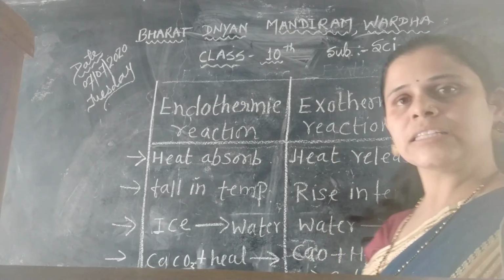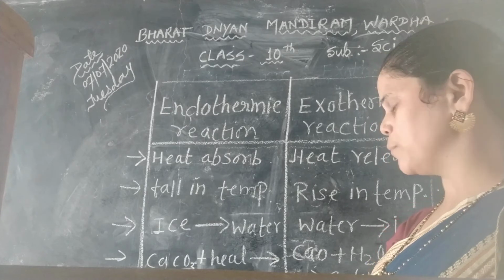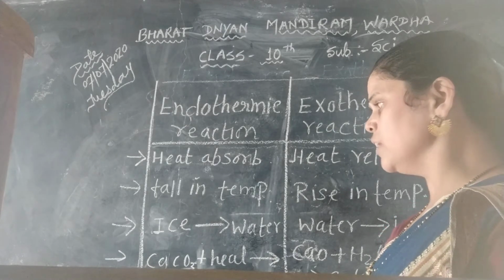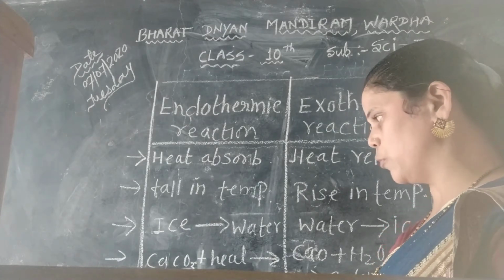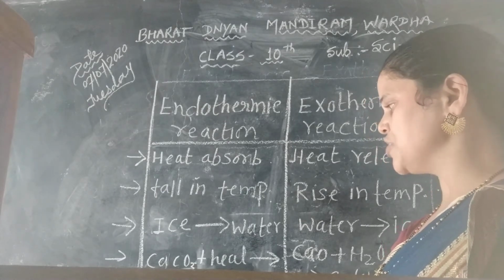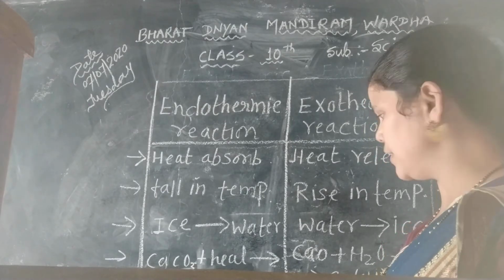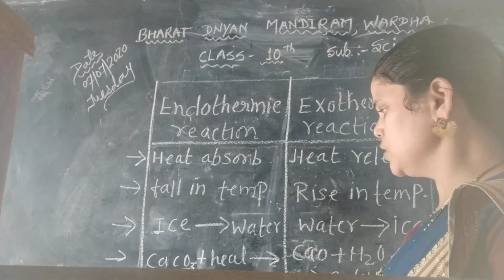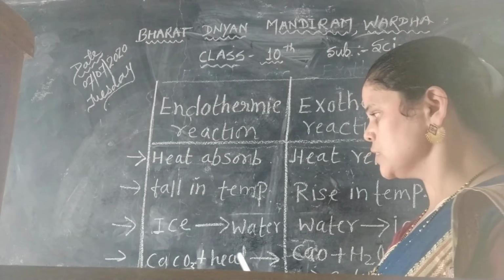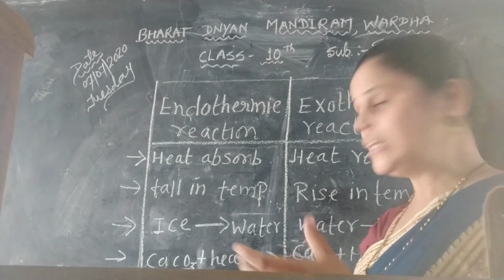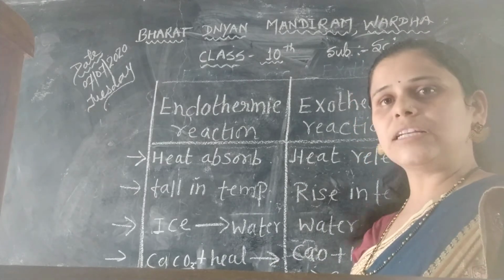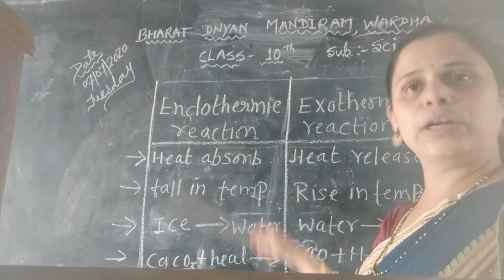Understand? And the next example, calcium carbonate. When we heat calcium carbonate, it forms calcium oxide and carbon dioxide. These two are the products. In this case, we provide heat to the compound calcium carbonate, so this is an endothermic reaction.